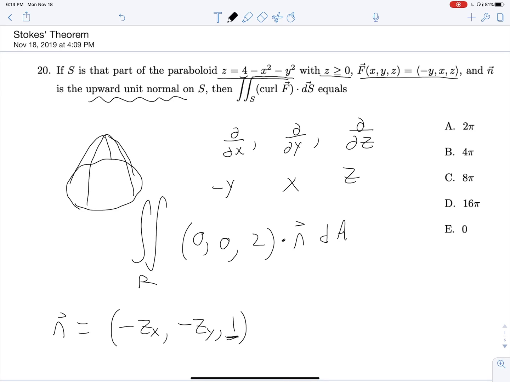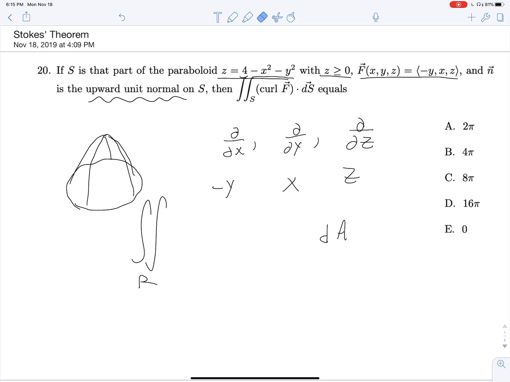And this problem is actually probably the nicest Stokes Theorem question you could possibly come by, because we don't even need to compute these partial derivatives because they're just going to get dotted with zeros. So really, no matter what zx and zy are, this dot product is going to be 2.